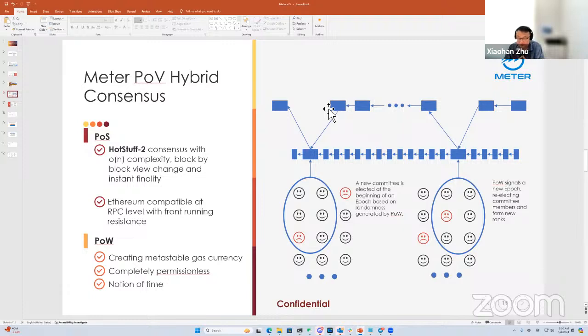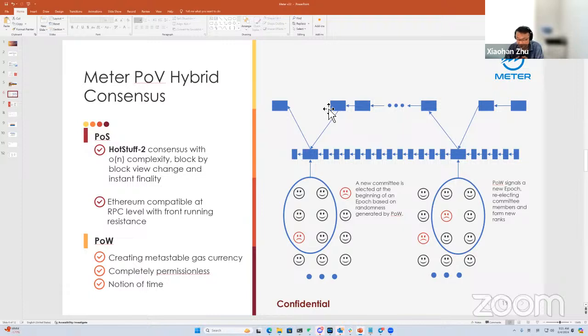And we use proof of work ticks to signal the need for epoch change. So every 60 blocks on the proof of work chain will trigger an epoch change on the proof of stake side. And at that time, the proof of stake side will also vote on the longest proof of work chain.